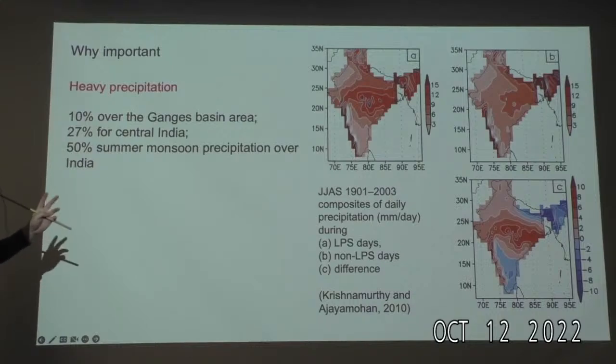The precipitation variation is about 10% over the Ganges basin area and 27% over central India. And the precipitation caused by this low pressure system makes up to 50% of the summer monsoon rainfall over entire India.